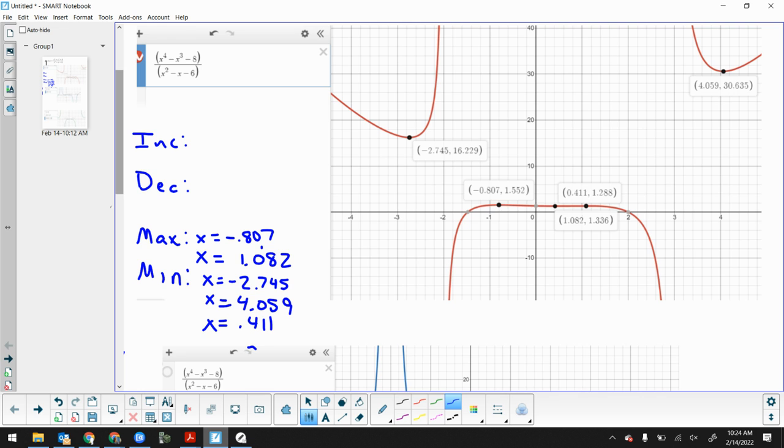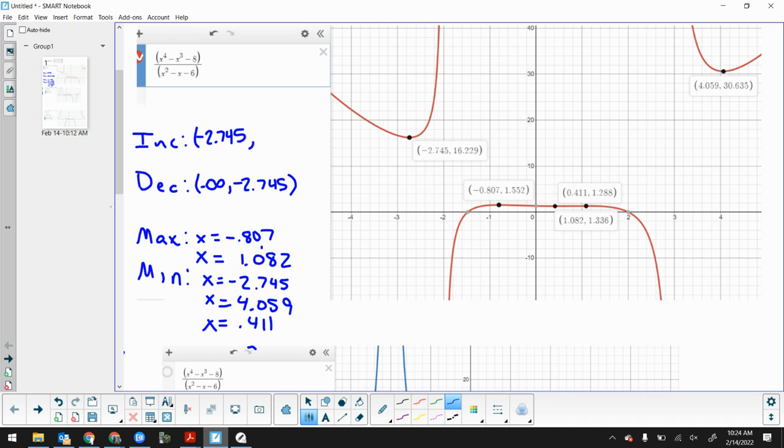Now, it's decreasing all the way to this negative 2.745. So decreasing from negative infinity to negative 2.745. I think I might need to extend this out because I think there's more intervals there. And then it increases from negative 2.745 all the way. See, now look, it's increasing, increasing, increasing. Does it ever decrease?